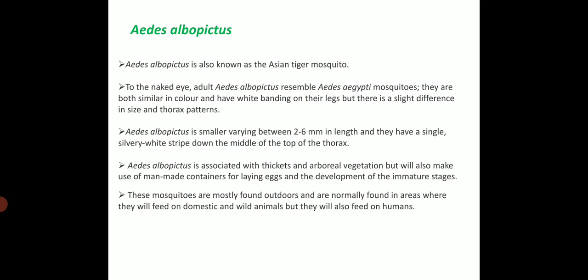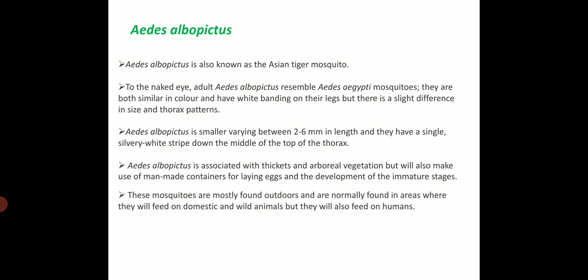The second species is Aedes albopictus, which is commonly called the Asian tiger mosquito. To the naked eye, both species resemble each other, with similar coloration and white banding on their legs, but the slight difference you find is in the size and the pattern on the thorax region.